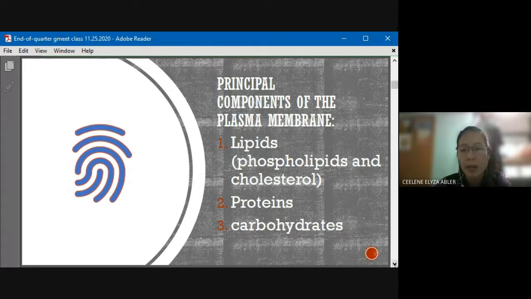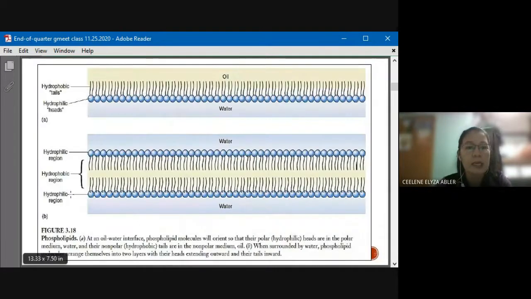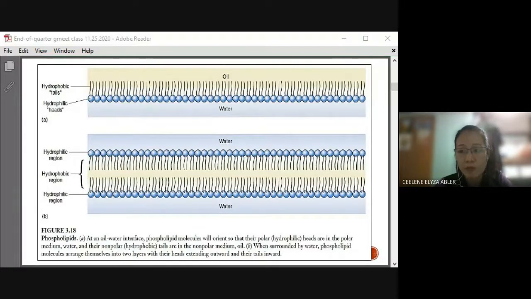Ang wala lang kay plasma membrane is actually the nucleic acids because it's stored in the nucleus, which is your DNA. Okay? So, ito yung parts ng phospholipids. Okay, class. Nandyan yan siya sa inyong module 5. Okay, in your module 5, you will see ano yung parts ng isang phospholipid.